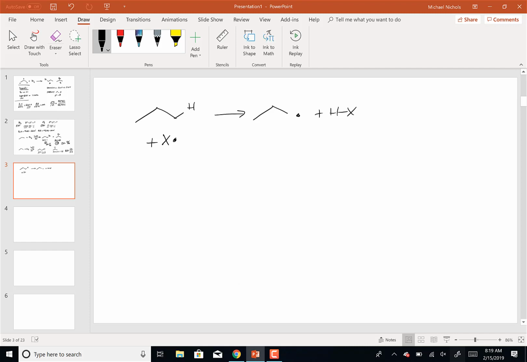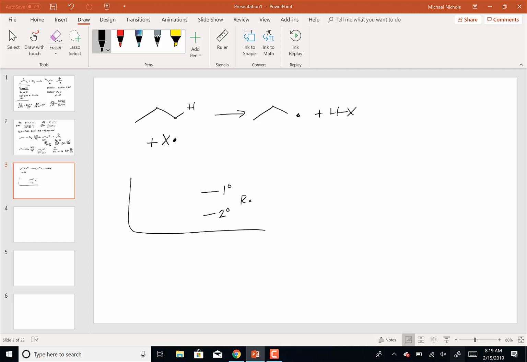So think about this. I'm forming the same primary radical, the same secondary radical in my energy coordinate diagram. But what's going to be different? What's going to be different is the starting energy of the reactants. The propane's the same, but the halogen radical is going to have a slightly different energy.